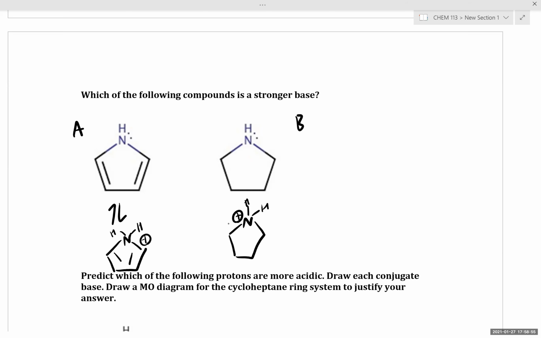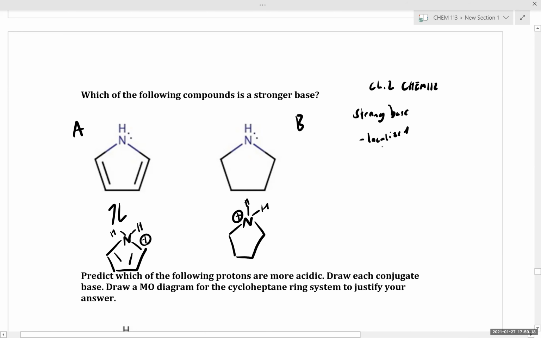So if we think about what makes a strong base, as a review from chapter 2 of Chem 112, a strong base generally has a localized lone pair, and strong bases also have very weak conjugate acids.